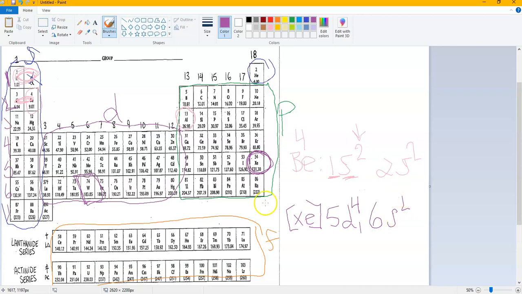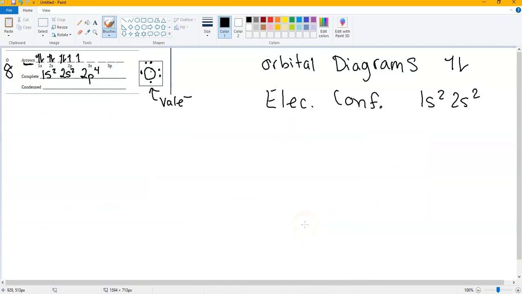So as you can see, instead of writing out all of the different blocks, all I have to do is write out the noble gas that comes beforehand, and I write out what's left. So let's do that with oxygen. So oxygen is right here on the periodic table. The noble gas that comes before him is helium. So when I write the condensed version, I am going to put in brackets helium, because helium is my noble gas, and his electron configuration is 1s2.